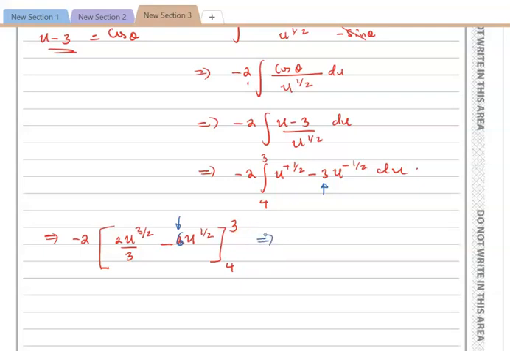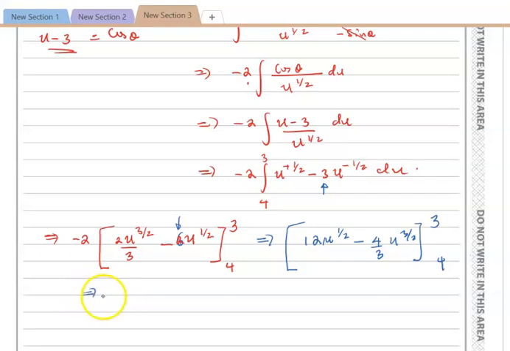So I'm going to apply the limits. This will be plus 12. So that means I'm going to have 12 u to the power of 1 over 2 minus 4 over 3 u to the power of 3 over 2.